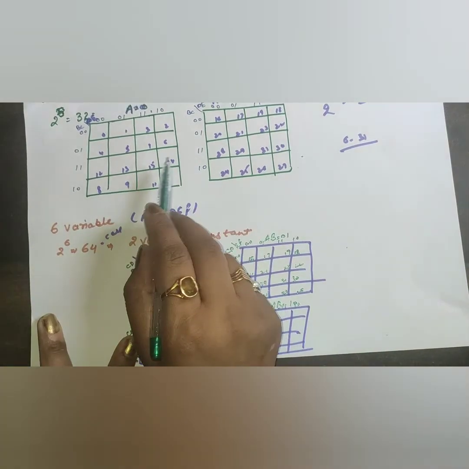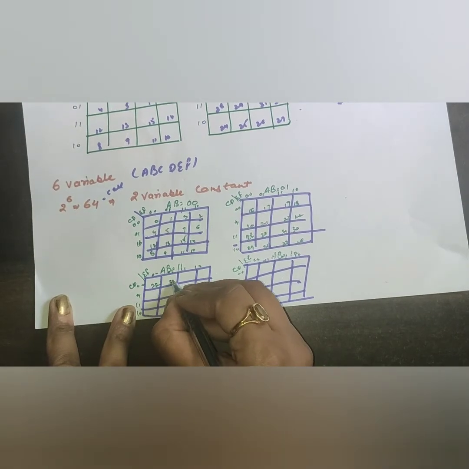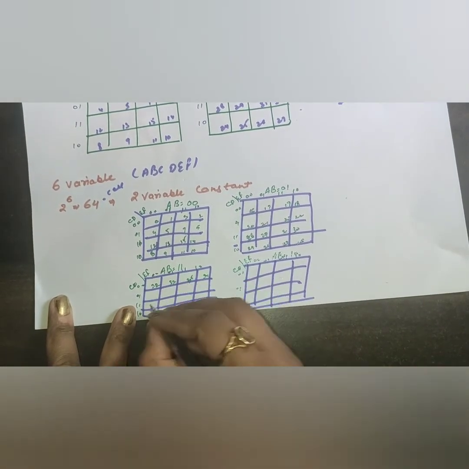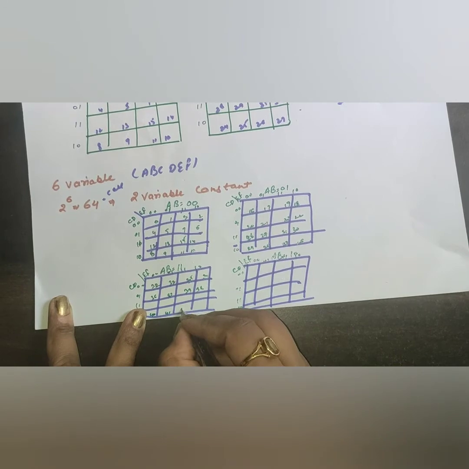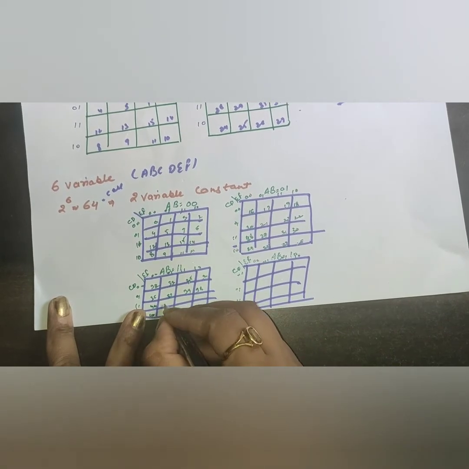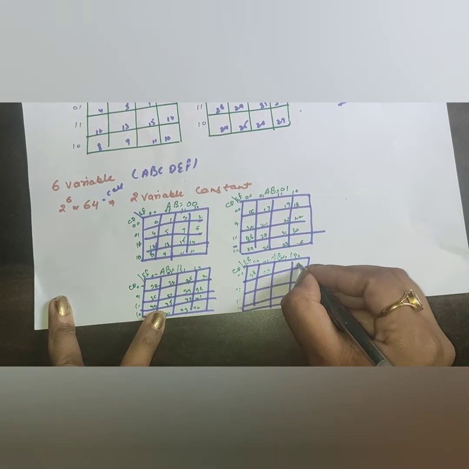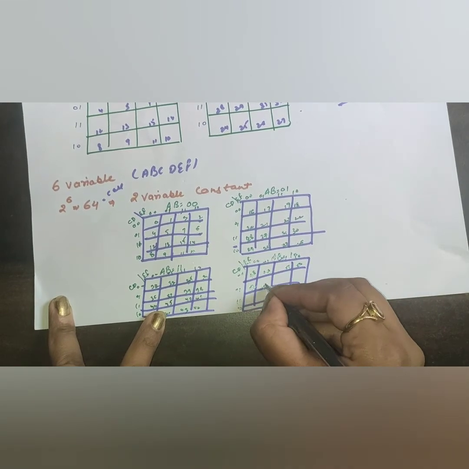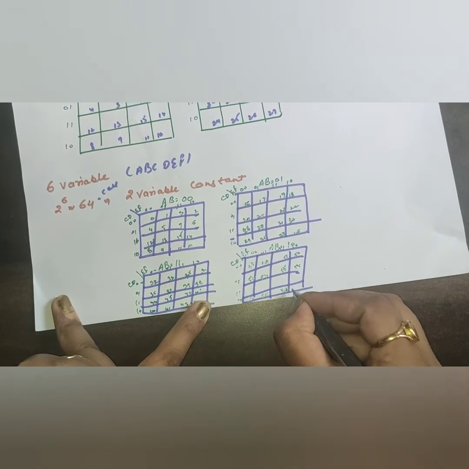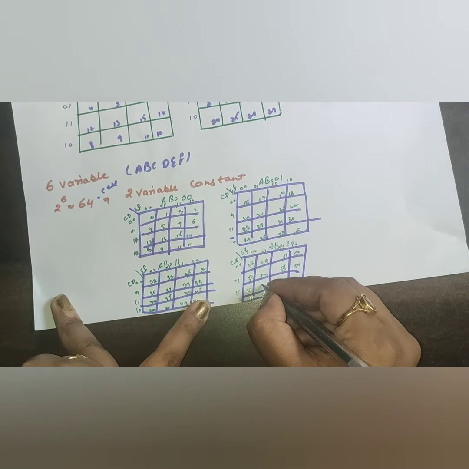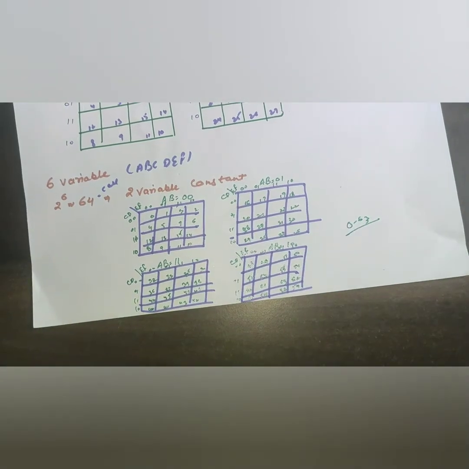This is just like a 5 variable K-map. Now 32, 33, 34, up to 63. 0 to 63, there are total 64 cells.